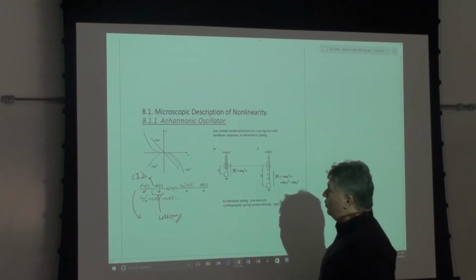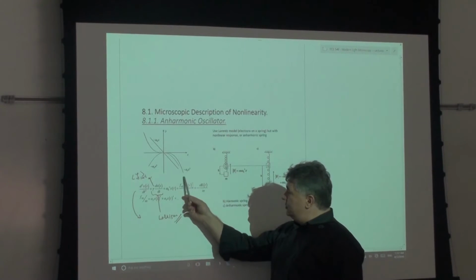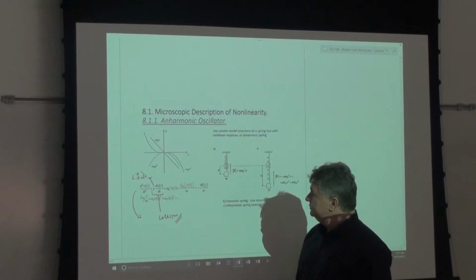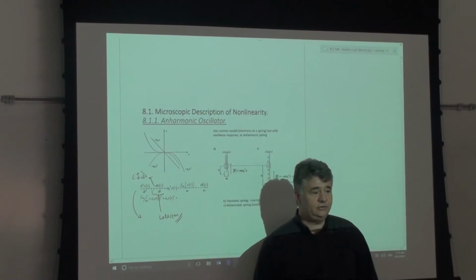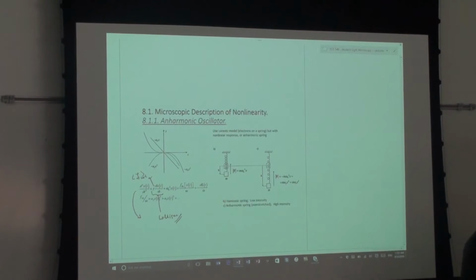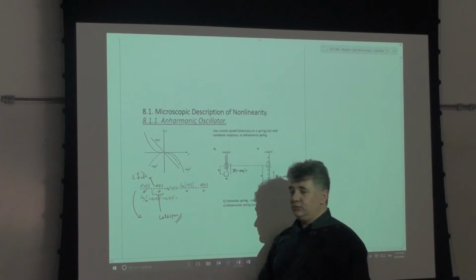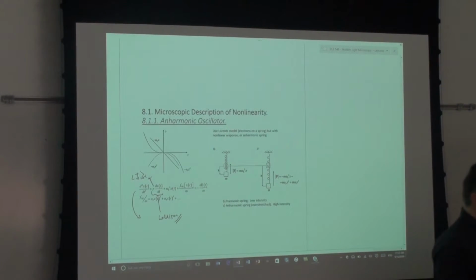Nonlinear effects happen when you have here another term that is nonlinear in displacement. In particular, what did we neglect? When we wrote the electric force like this, what did we neglect right off the bat?